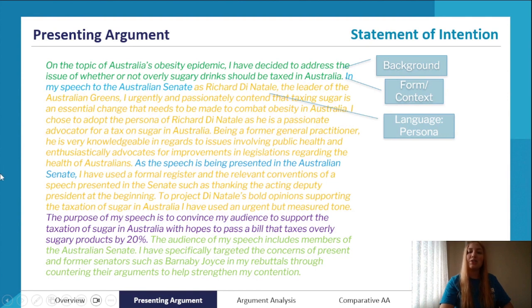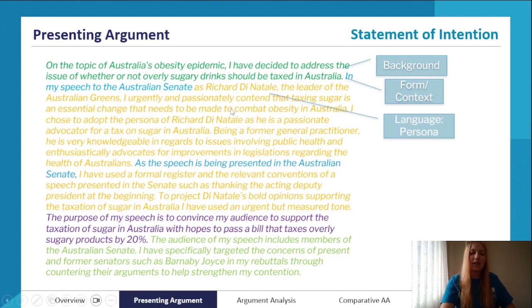"I urgently and passionately contend", so this is our tone and our contention, our main argument, "that taxing sugar is an essential change that needs to be made to combat obesity in Australia. I chose to adopt the persona of Richard Di Natale, as he's a passionate advocate for a tax on sugar in Australia. Being a former general practitioner, he's very knowledgeable in regards to issues involving public health and enthusiastically advocates for improvements in legislation regarding the health of Australians."